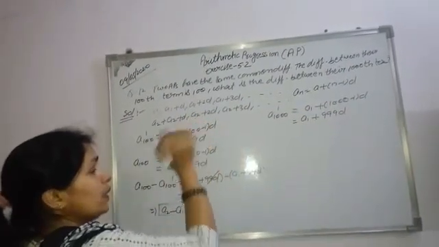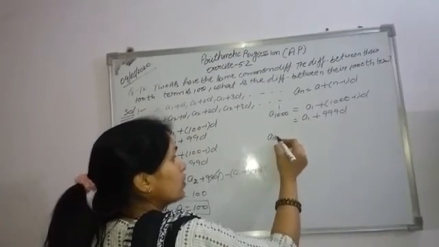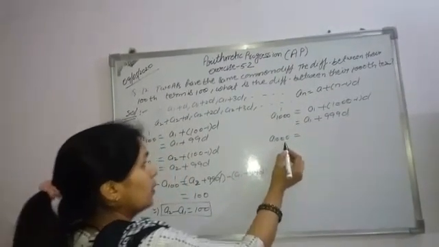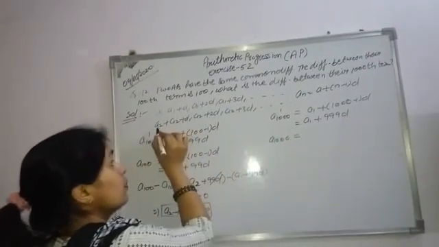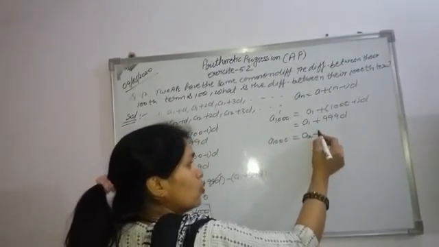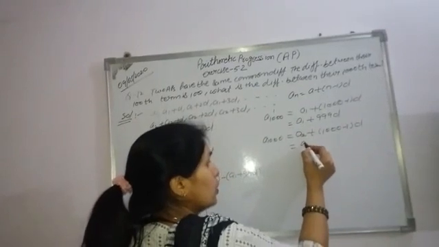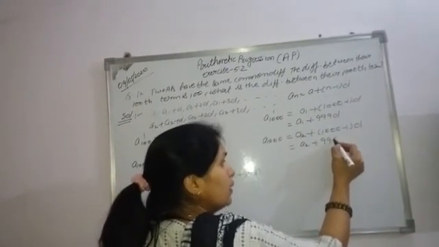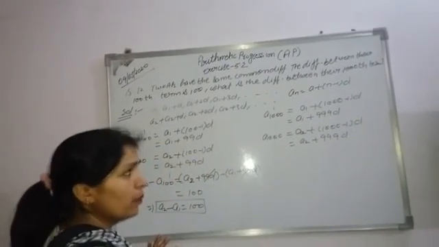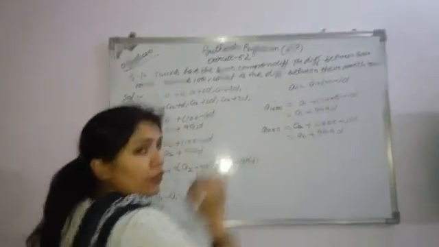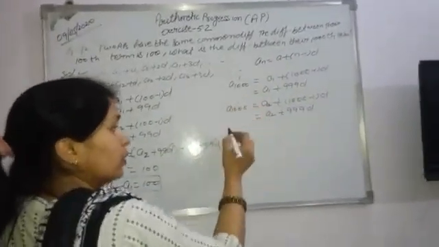Okay, now from the second AP, find the 1000th term. Let us suppose this is A1000 dash and the first term is A2. A2 plus 1000 minus 1 into D. So this value is A2 plus 999 into D. And again we want to find the difference between their 1000th terms.